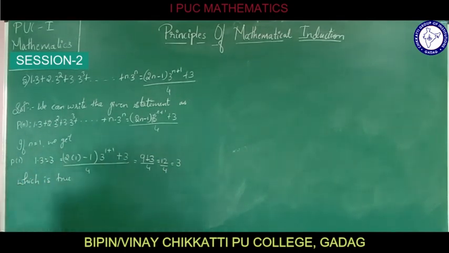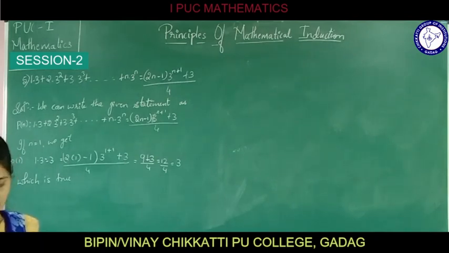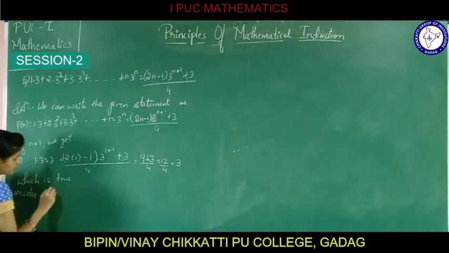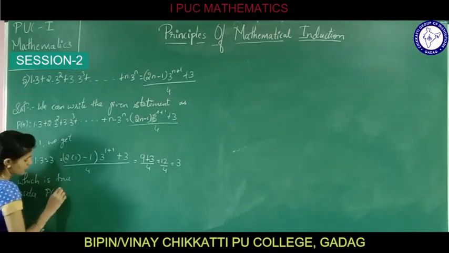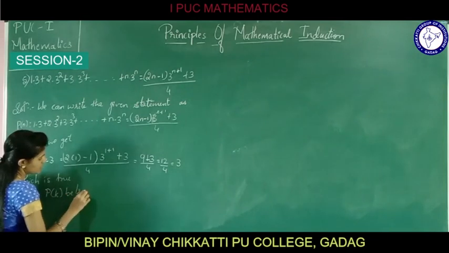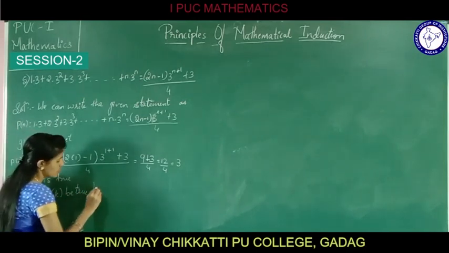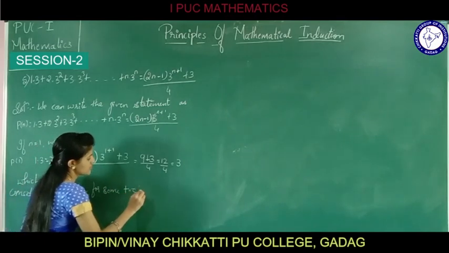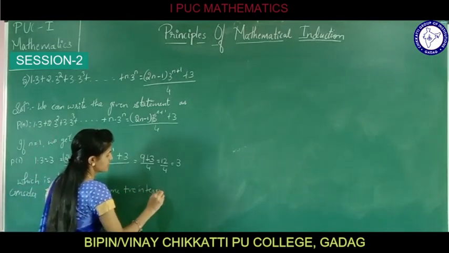Next, let us consider that the statement is true for P of k. Just go on writing: consider P of k to be true for some positive integer k.